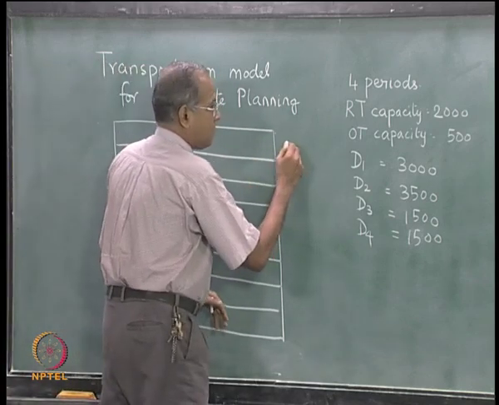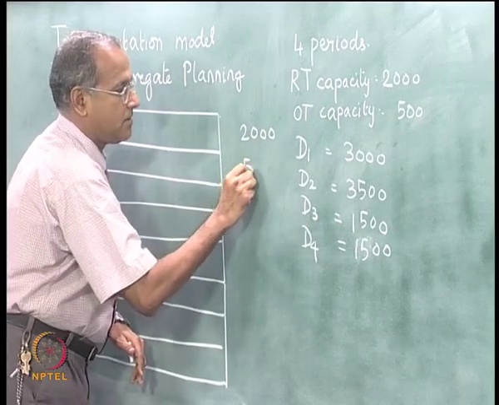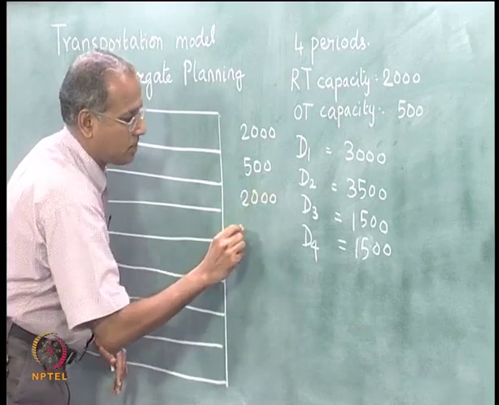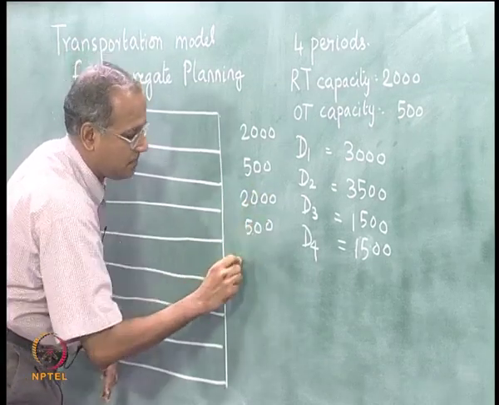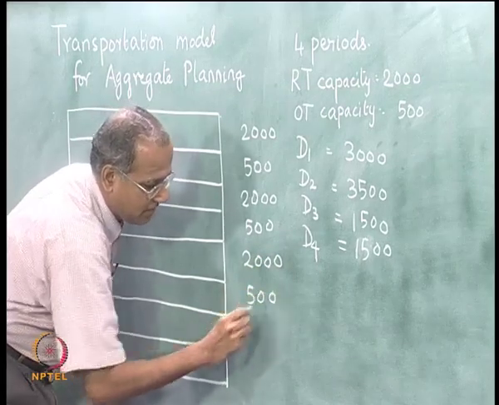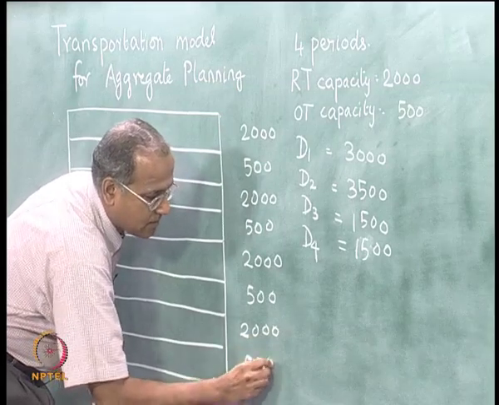So the first period has 2000 from RT and 500 from overtime capacity, again 2000, 500, again 2000, 500, again 2000 and 500.